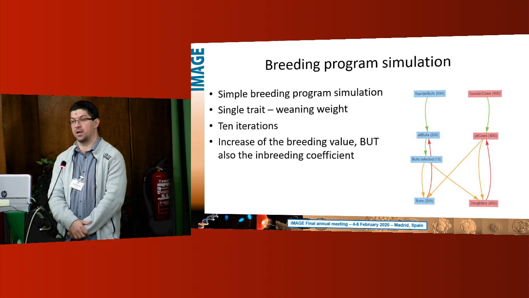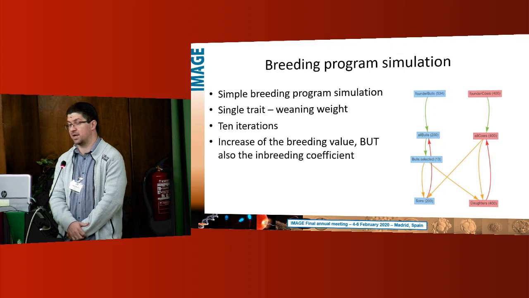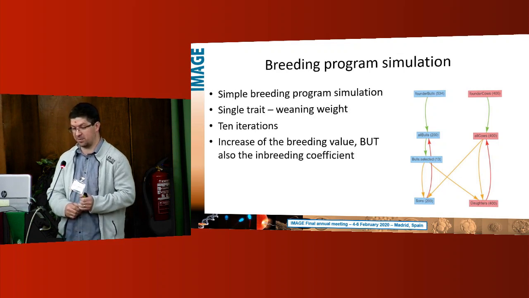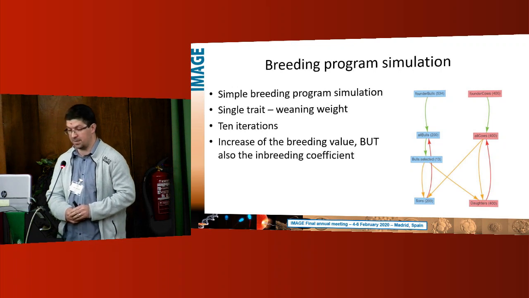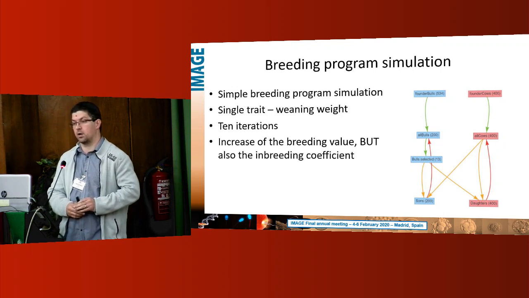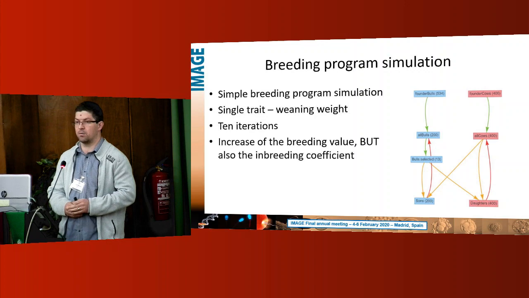But then, of course, we wanted to do something that has a direct connection to the image project, and that is using gene bank material. Our question was, what happens if we use gene bank material?